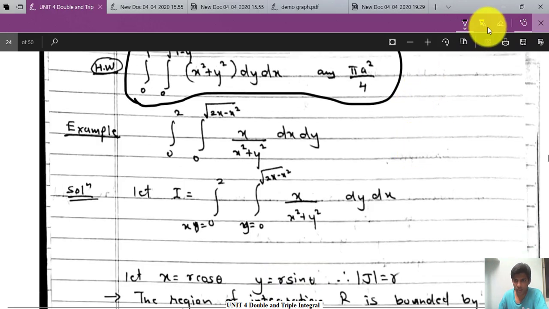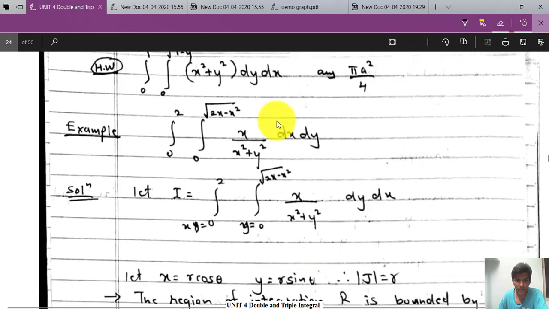Okay, fine. My next question is to evaluate this given integral by transforming it into polar coordinates, right? The given integral function is in terms of x and y, so x square plus y square, right?